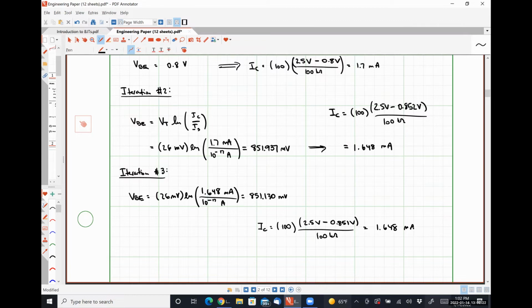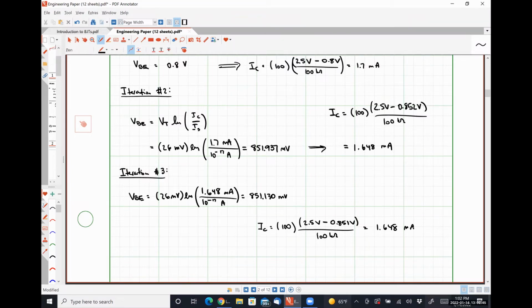So effectively, this third iteration tells us where we've settled because we don't see any significant change in the operating point, right? So the change in the voltage is very small. With regard to our initial guess, the change in the current is also very small, so we can stop, all right?